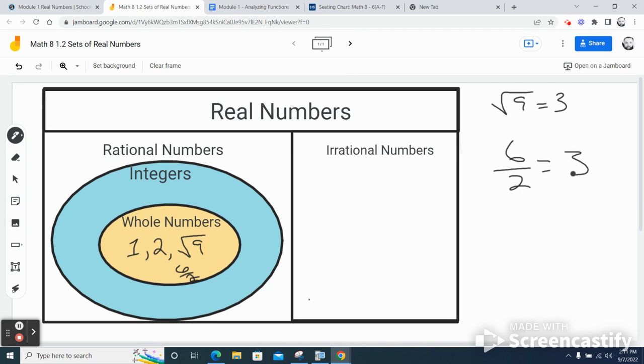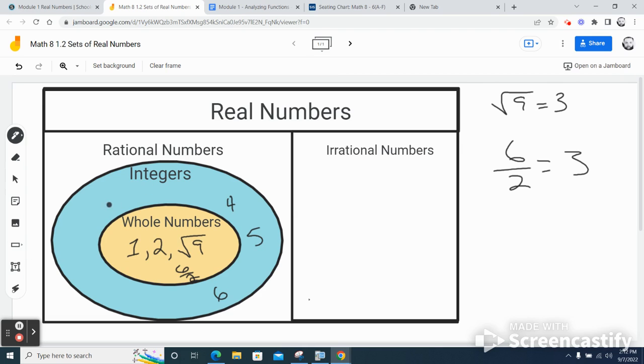1, 2, 3, 4. Are those integers? Yeah, because the yellow circle is inside the blue circle. So 4 is an integer, 5 is an integer, 6 is an integer. But integers also have negative signs, yes?